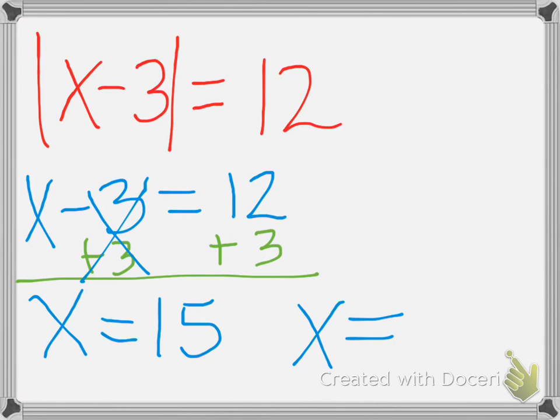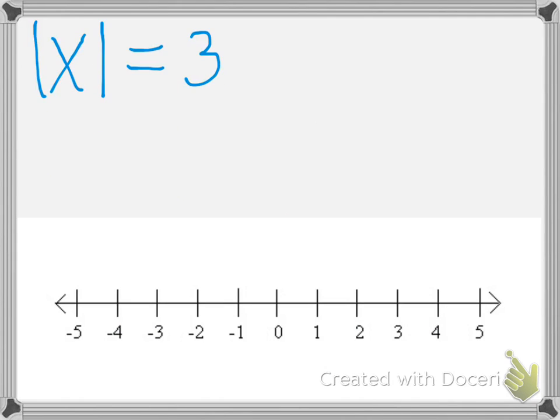How about the other value that x can be? I'm not going to tell you what that one is. Go ahead and make sure that you do have this one worked out for tomorrow, because I'm definitely going to check that tomorrow in class. So let me know tomorrow in class, what's the other value for x if the absolute value of x minus 3 equals 12?